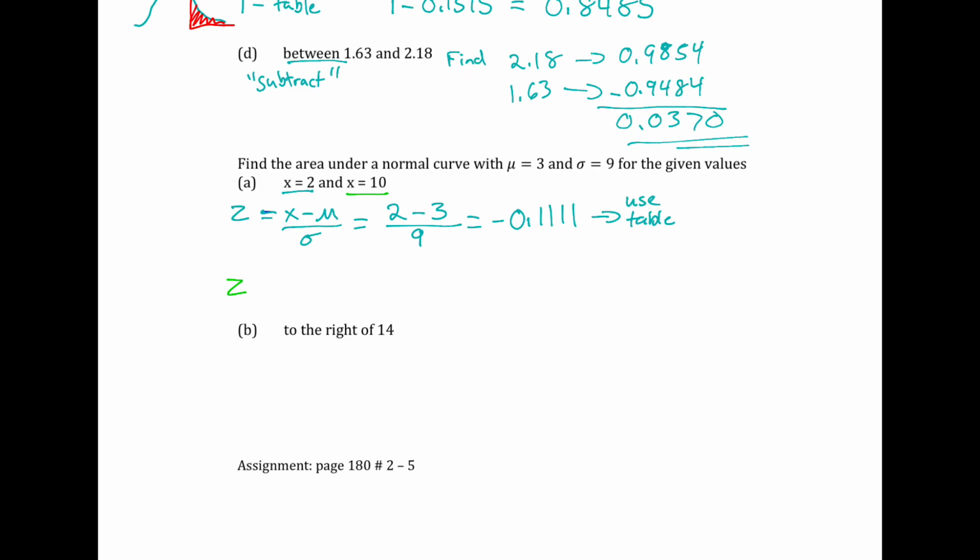What do I got here? Negative 0.11. There, 0.4562. Good. Table, probably. This says use table.